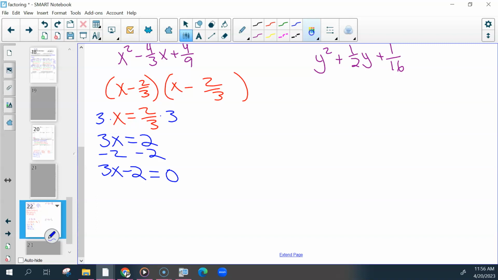This would give us the same thing as this. So this is how you would write the factors. So if you can see the numbers without doing it the first way we did, and then be able to change them, then you can do it this way. If not, you'll have to do it the other way. Okay. Questions on this?